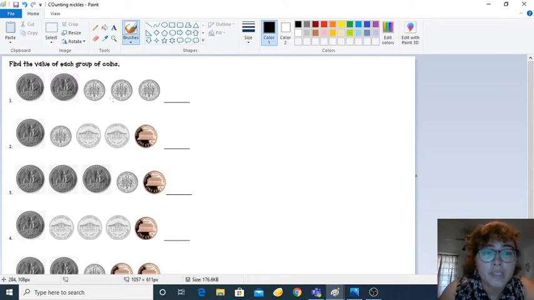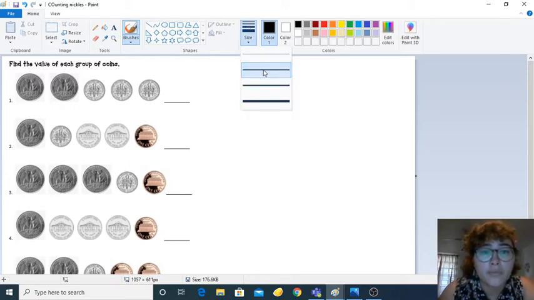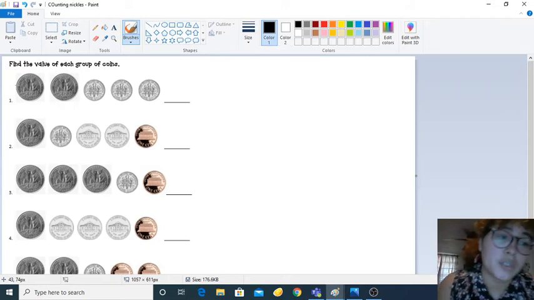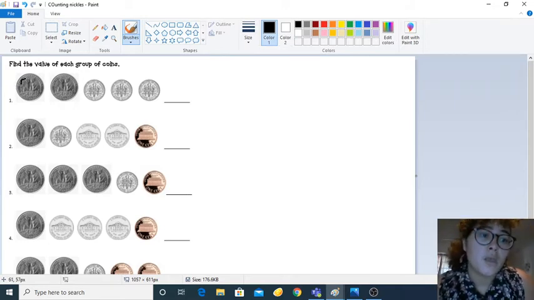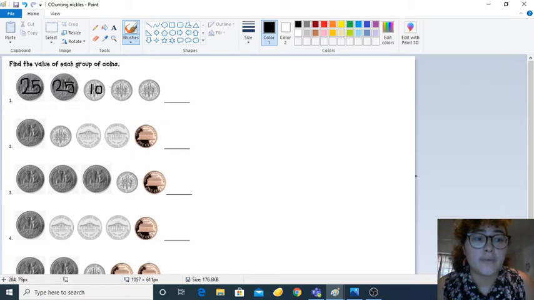Now, just to help us out, as a little reminder, I'm going to write the amount of each one on top. Like I told you guys, quarter is 25 cents. Dimes are 10 cents. So we have 3 of those.